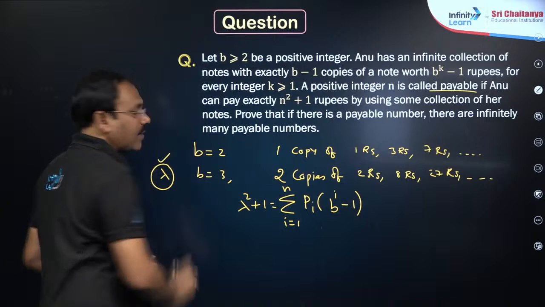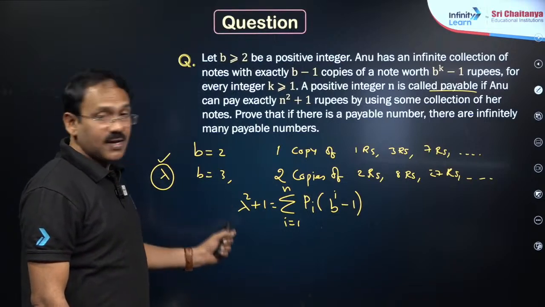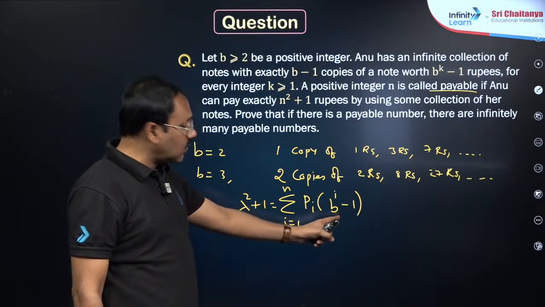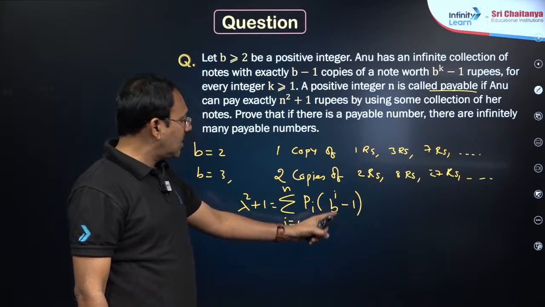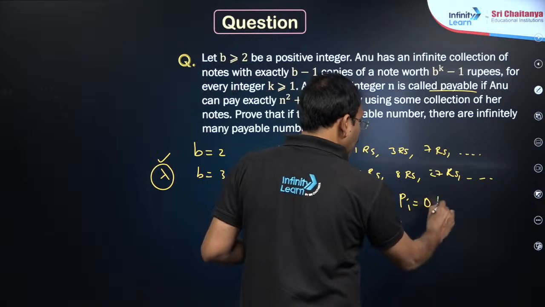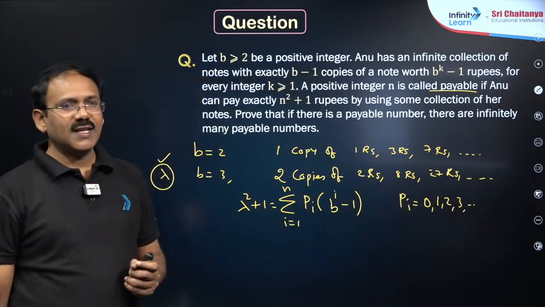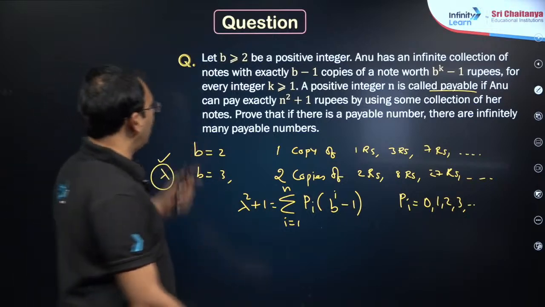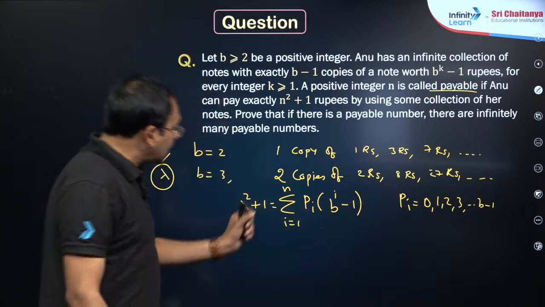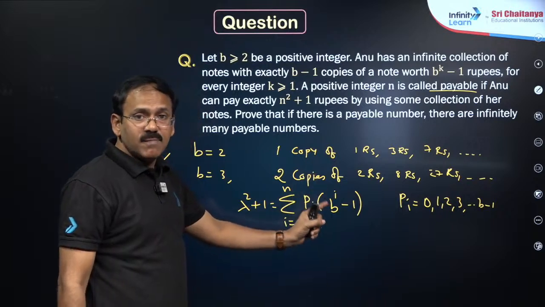Suppose lambda is a payable number, that means this total sum lambda square plus 1 is nothing but a combination of the worth of the notes, and this p_i can be any number, like 0, 1, 2, 3 and so on. You can write up to b minus 1, my dear friends. There will be only b minus 1 notes possible. Irrespective of p_i, I can say that the sum is divisible by b minus 1.